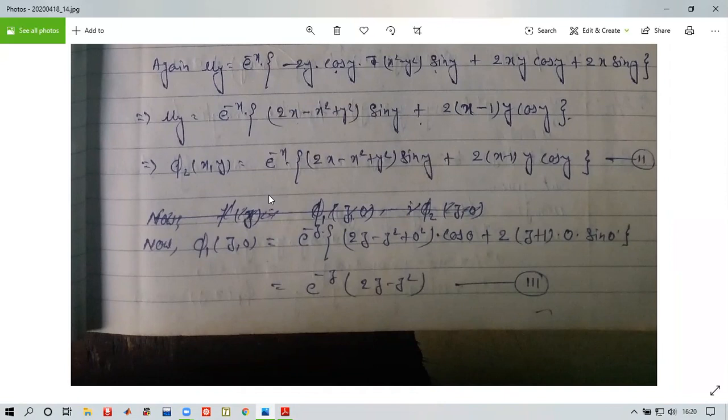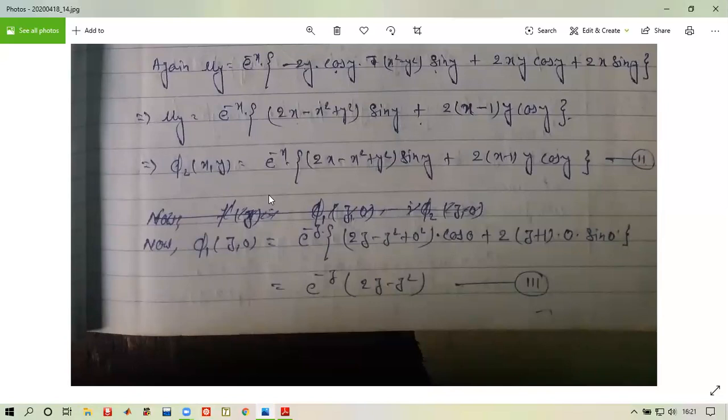For finding these things, we will take z equals x plus iy and z bar equals x minus iy, and the condition is that z equals z bar.